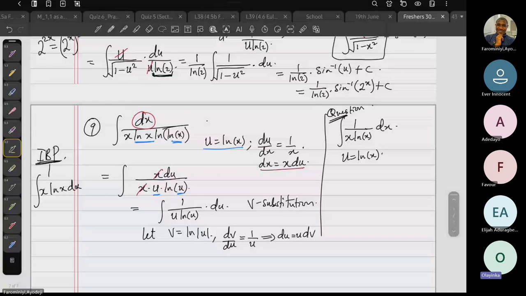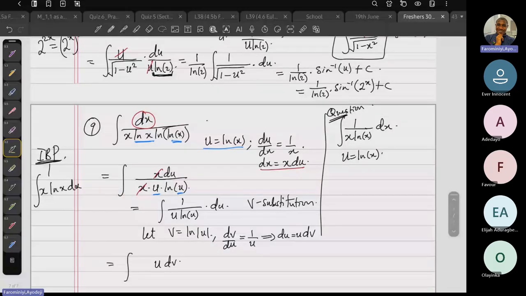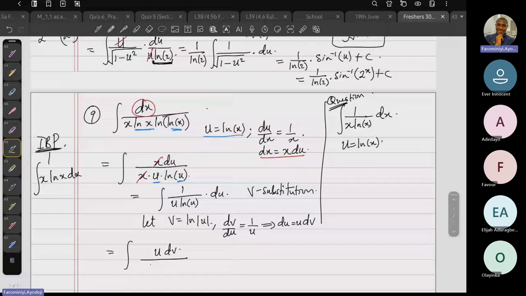Yes, I do. So we can rewrite this integral as, instead of du, u dv over u times, since natural log of u is now v, u times v. So u cancels u. That is the integral of 1 over v dv.